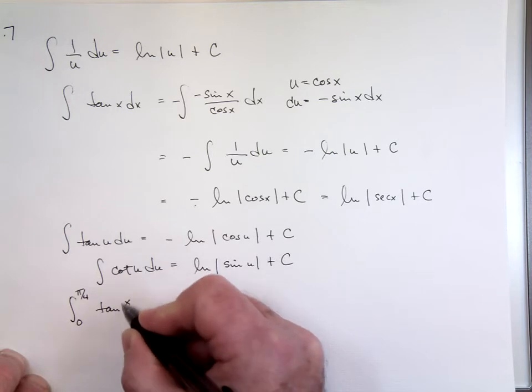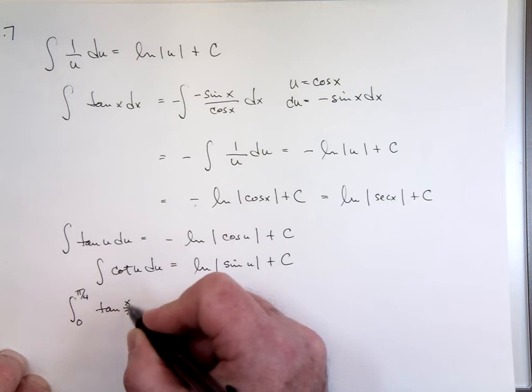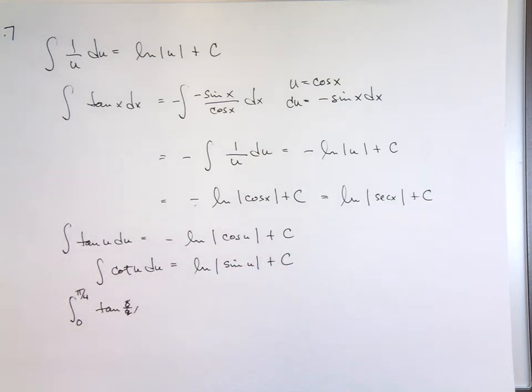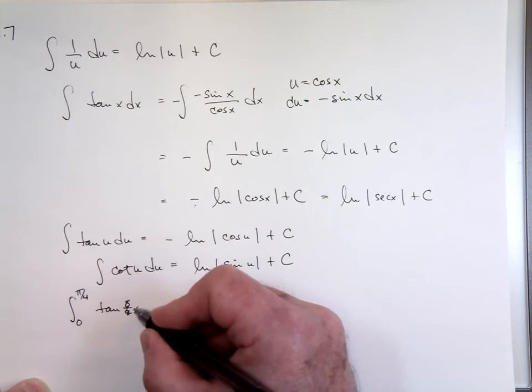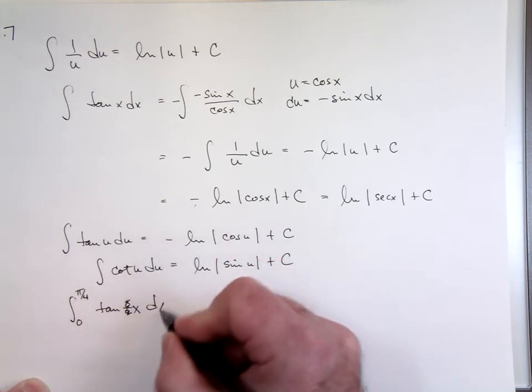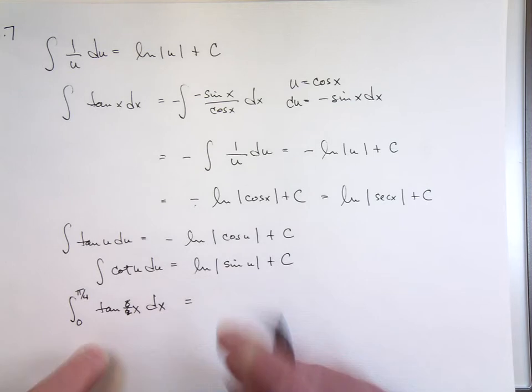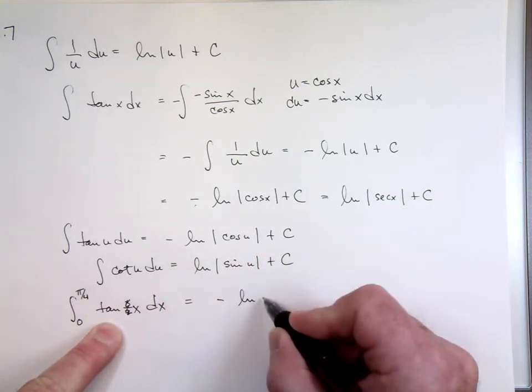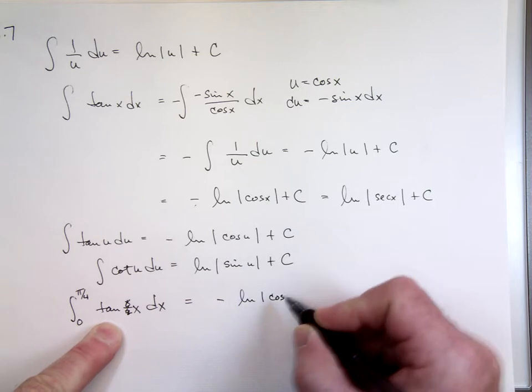No, we don't know that. Oh, rats. Okay, I want to do one that, tangent x dx. Let's just do it. The integral of tangent, negative natural log cosine, 0 to pi over 4.